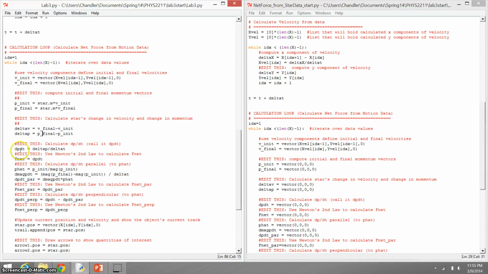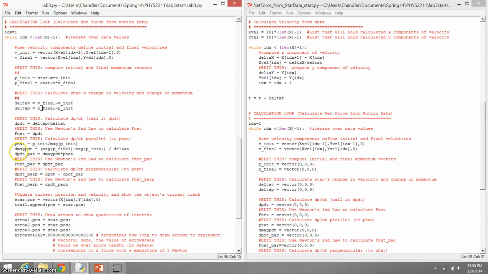Okay, so dp dt is just the change in p over the change in time here, and with some other equations we're given that fnet is equal to dp dt. P hat, when you find a hat vector, you have the value over the magnitude of the entire thing. So that's knowledge we have to know.